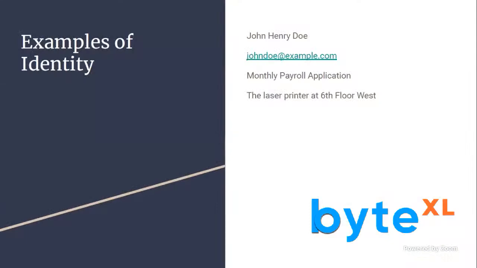Examples of identity: the name. A name with a surname or initial, most of you will have a unique identification. Some identification comes with an email address, with a unique email username. The username is a completely unique identification. In some applications, such as monthly payroll, the payroll will not be the same for everyone, so it has a unique identification.